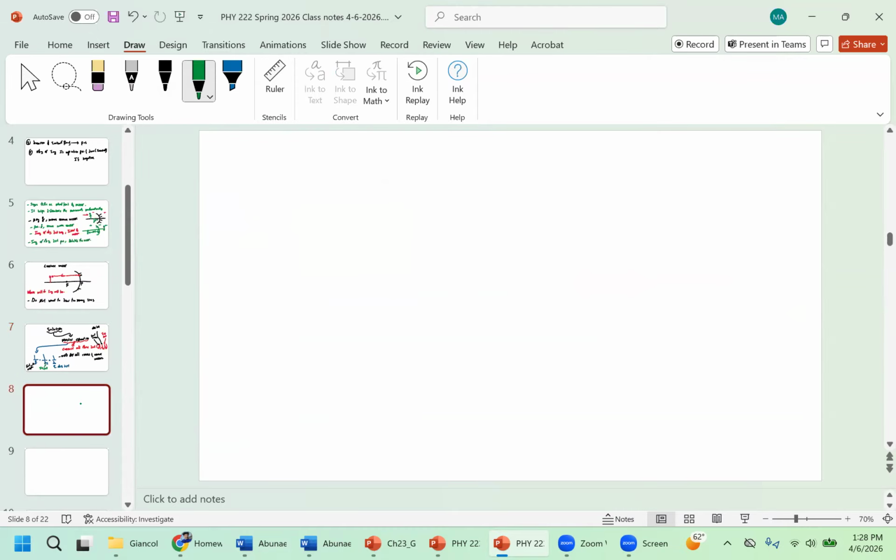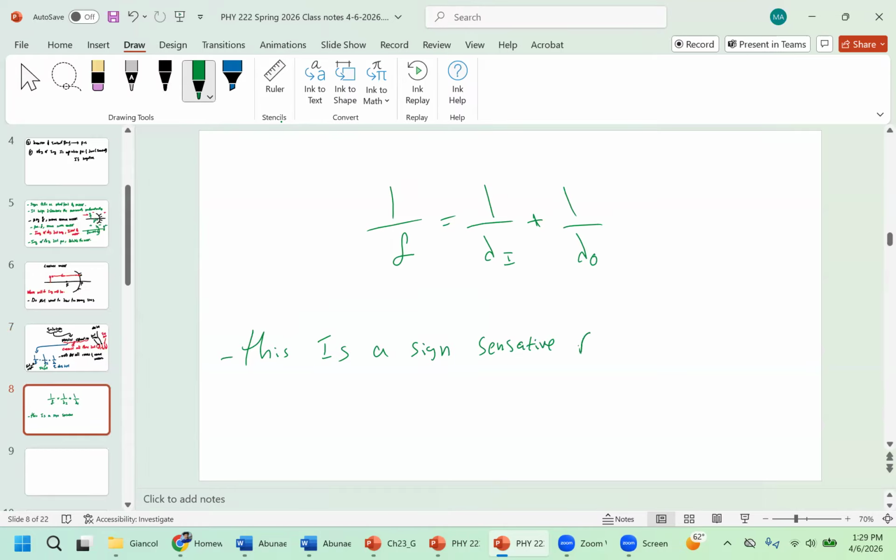So let me go ahead and write it down. So basically, it's 1 over F equals 1 over DI plus 1 over DO. Now, the thing is, this is a sign sensitive formula.